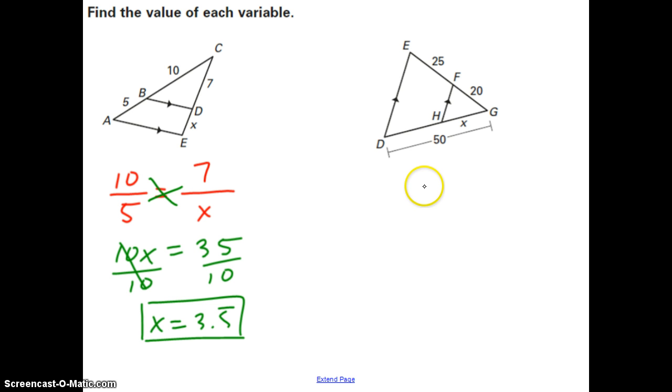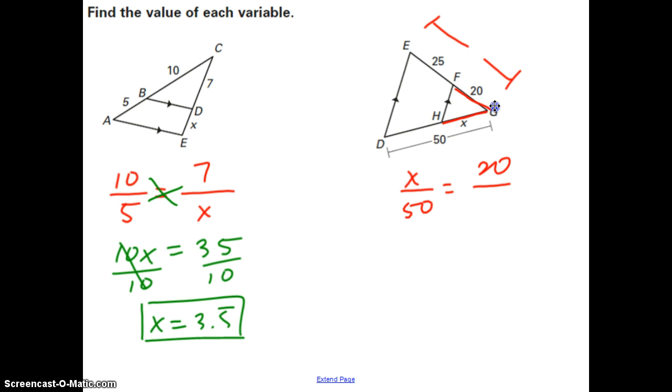Now let's take a look at the second example. We're still going to set up a proportion, but we need to be careful about the measurements we're given. X is the whole side of the small triangle. That corresponds with 20, the whole side of the small triangle on the other side. Then when you compare that with 50, 50 is actually the entire length of the big triangle. And that corresponds to the entire length on the other side of the big triangle.